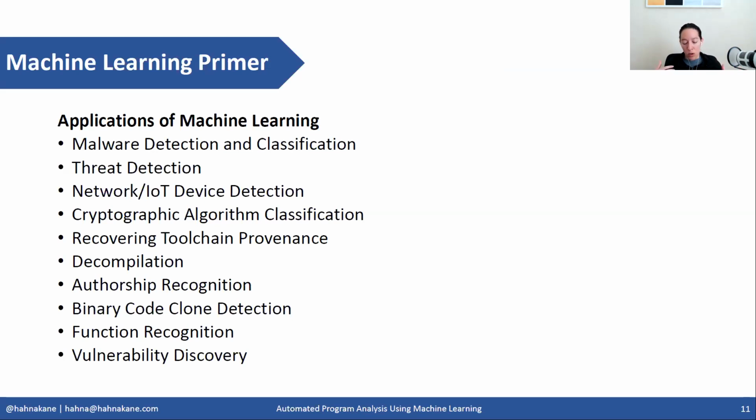Oftentimes, machine learning can be utilized to help determine the original authors of, I would say, a product or software, and it's often useful with regards to binary code clone detection, right? So this can be helpful if you're looking at, hey, did person B or company B rip off or try to make a copy of another company's software.